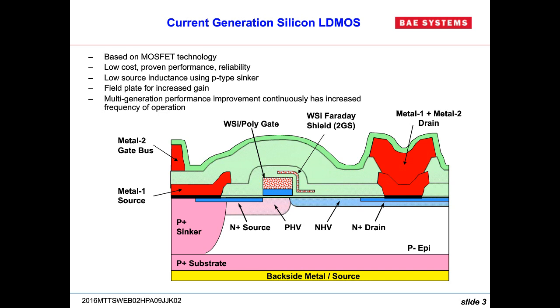It continuously improves year after year in terms of frequency of operation and thus gain and power added efficiency, and it has a field plate for increased gain as an example, low source inductance using a P-type sinker. It's evolved from MOSFET technology, and so it enjoys the heritage of being silicon technology and extremely low cost.